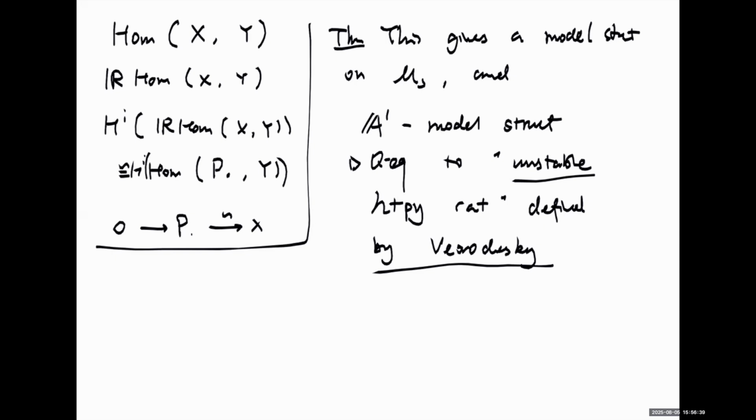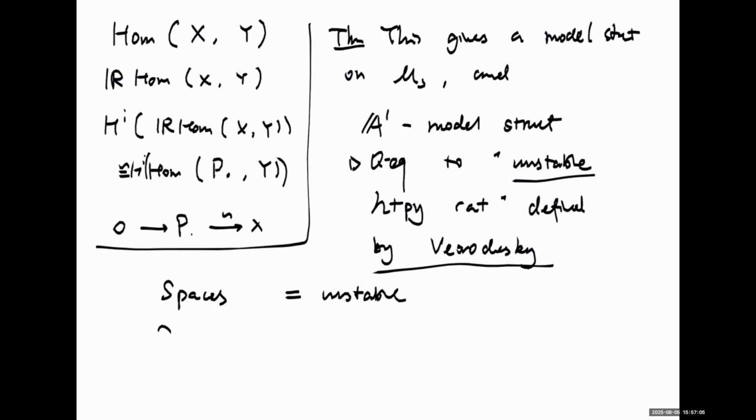Okay, good. So you see that there is a word unstable. So there should be a stable version as well. And how do we think of it? If we have spaces, then this is sort of unstable.